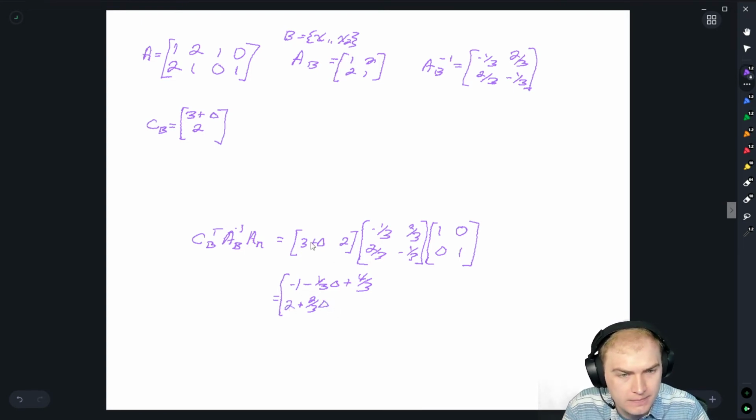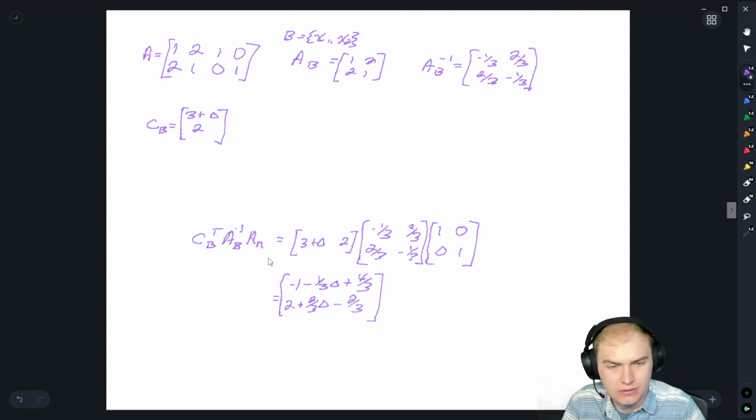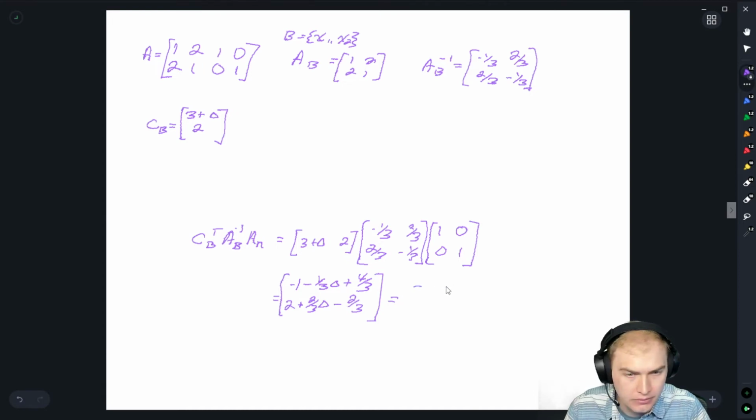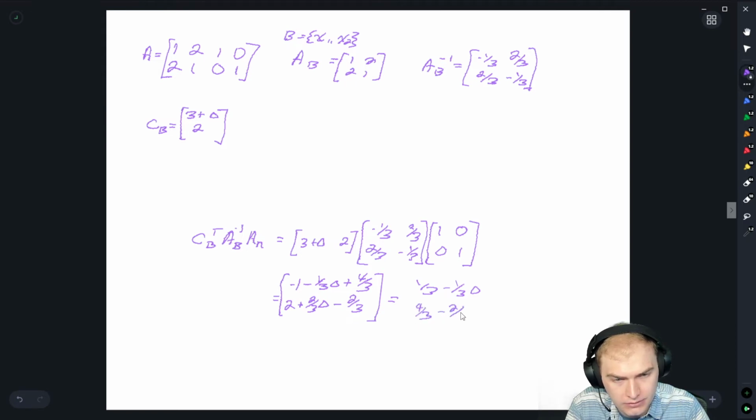Plus 2/3 delta minus 2/3 is going to be, no, it's 1/3 minus 1/3 delta, and 4/3 minus or plus 2/3 delta.